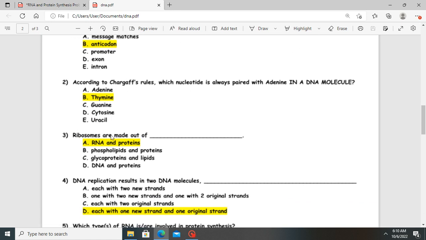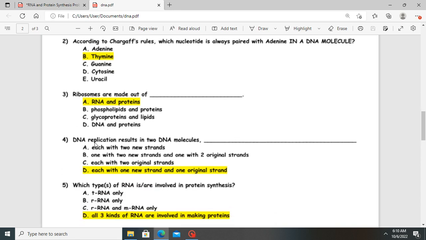Ribosomes are made up of what? They are made of proteins and RNA. DNA replication results in two DNA molecules, each with one new strand and one original strand. So this one is called semi-conservative DNA replication.